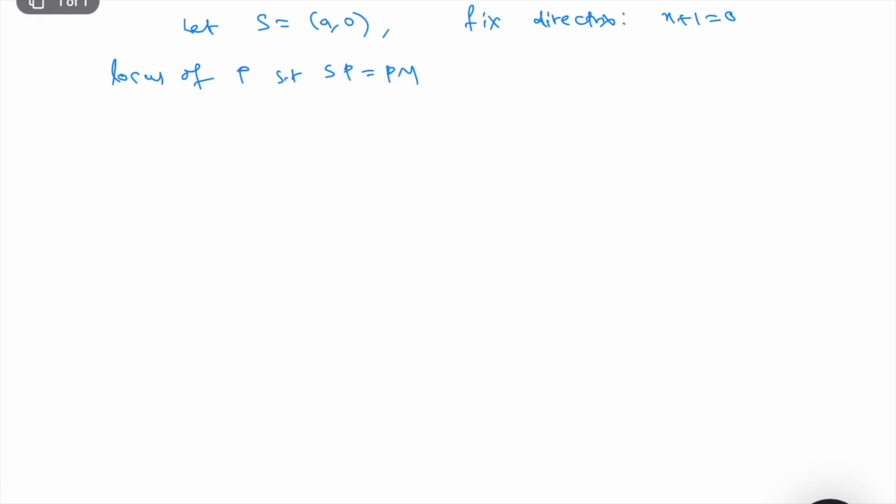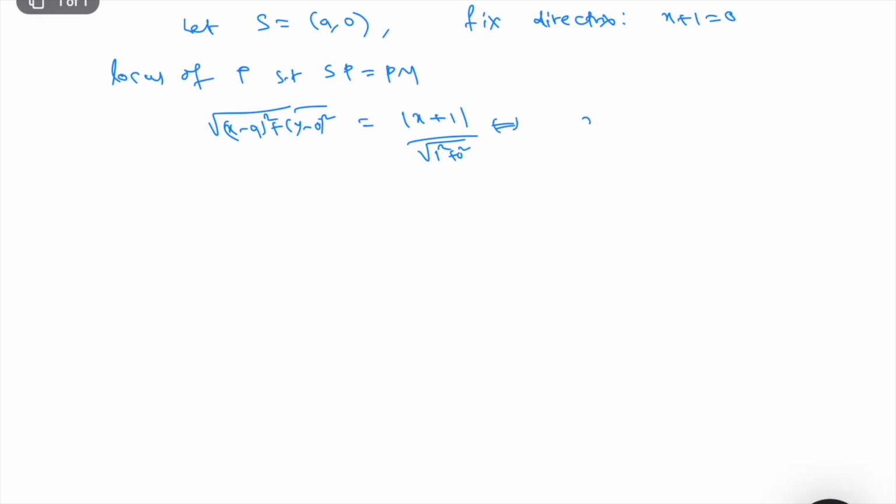So SP equal to PM will give you square root of (x minus a) whole square plus (y minus 0) whole square equal to PM, which is mod of x plus 1 by square root of 1 square plus 0 square.